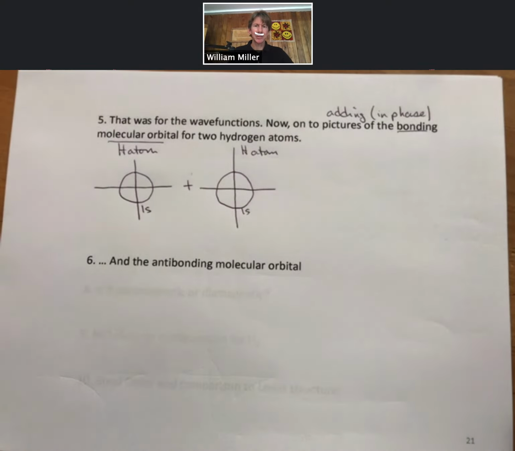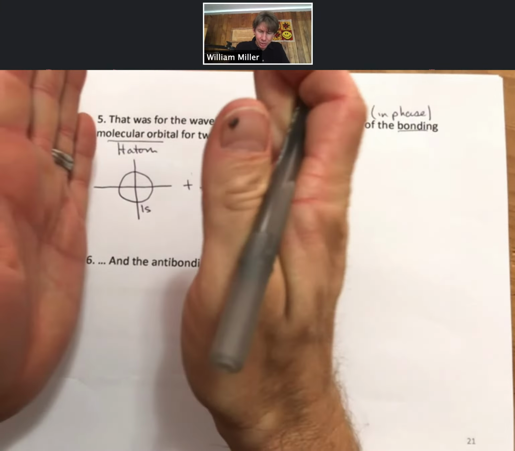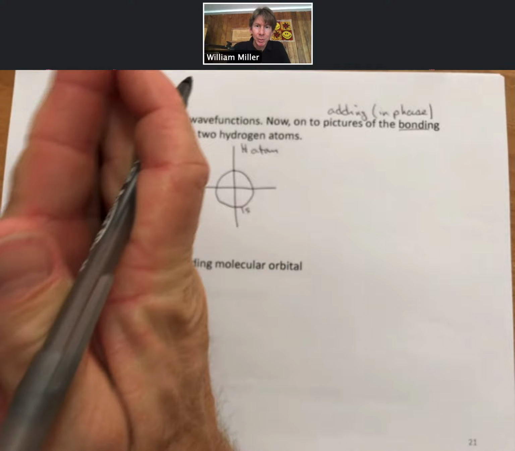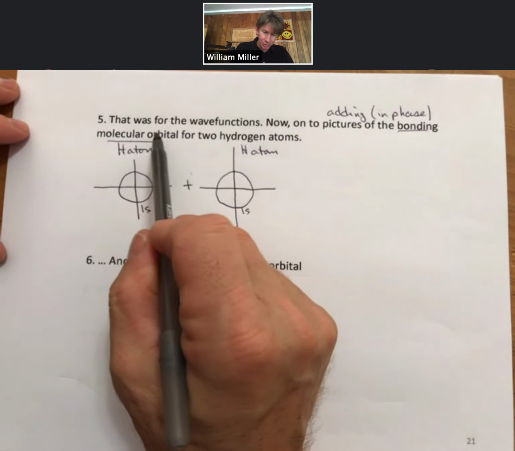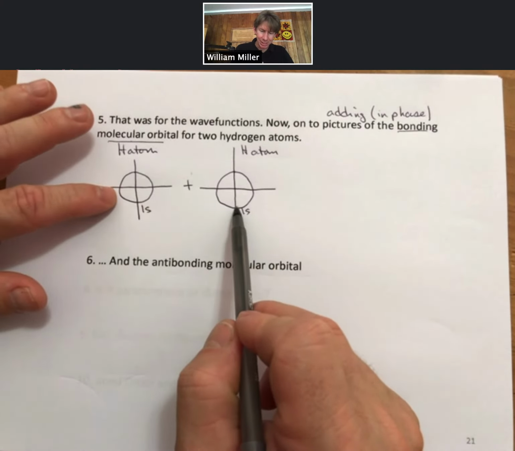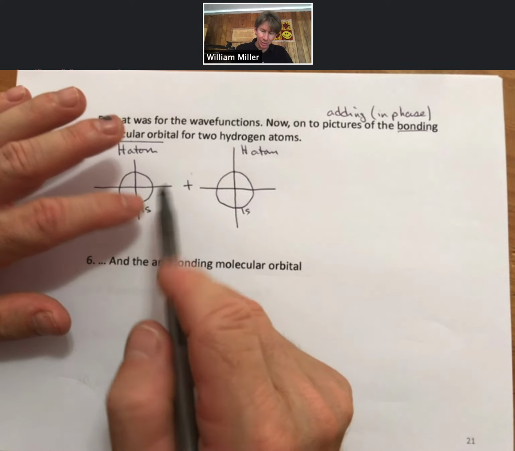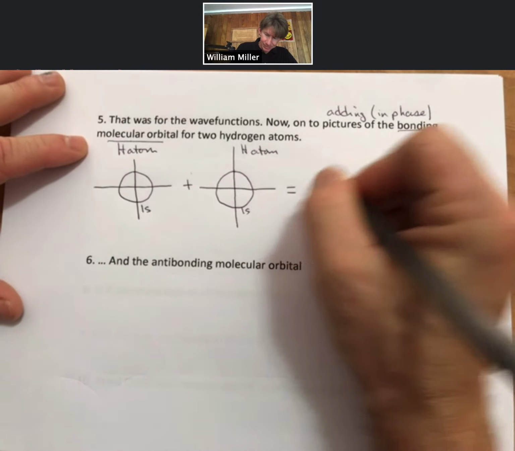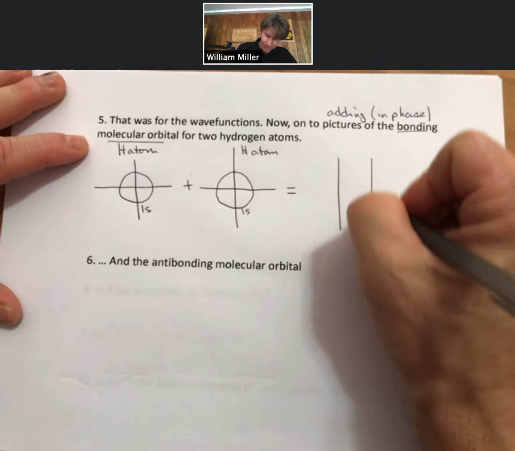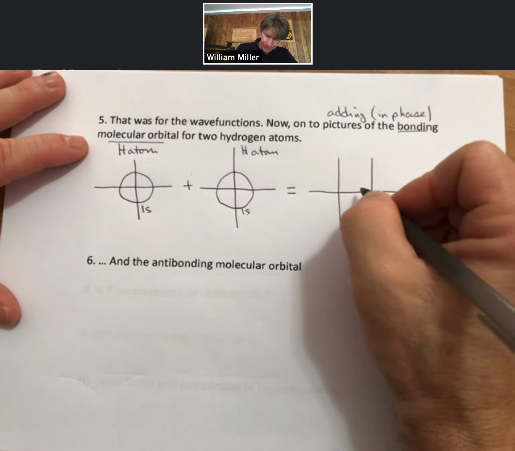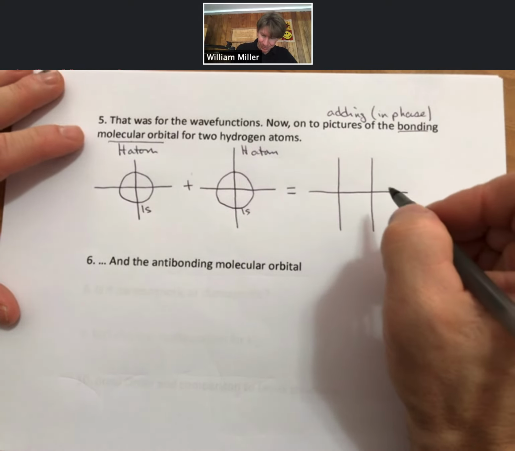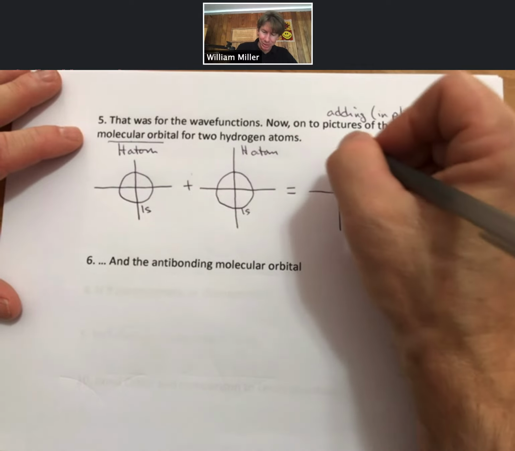And our process for this is always the same. First off, take off your fake mustache. Second, push the two orbitals that you're forming the molecular orbital from, so these are atomic orbitals again, together until they overlap. Well, I drew them a little far apart, so I'm going to draw them a little bigger here.